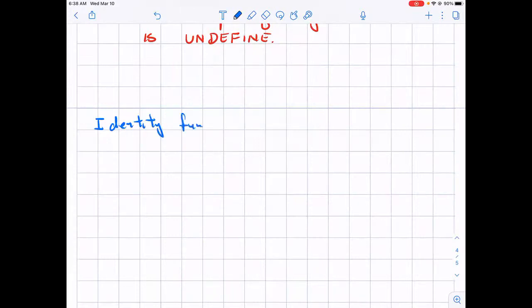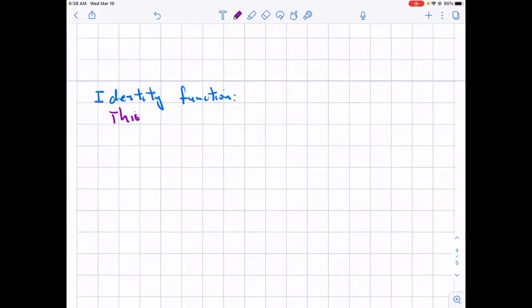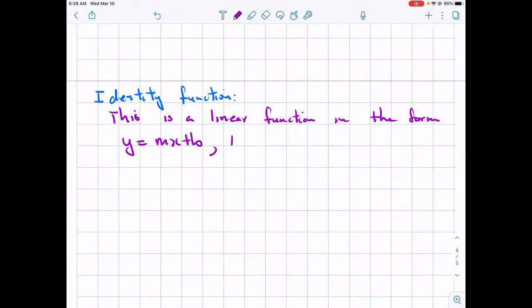The identity function is a linear function in the form y equal mx plus b, but the y-intercept, which is really b, is 0.